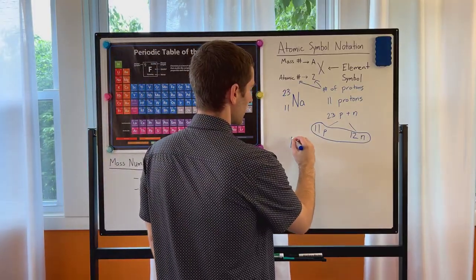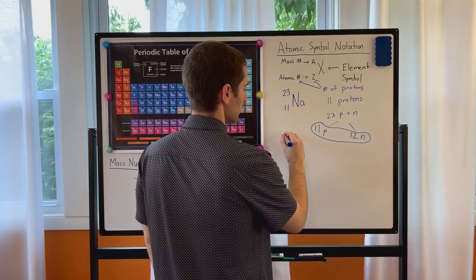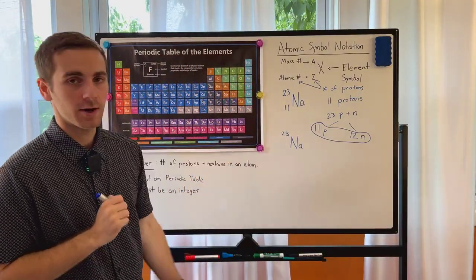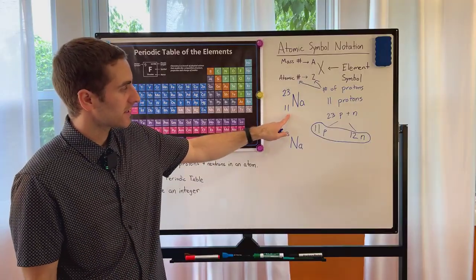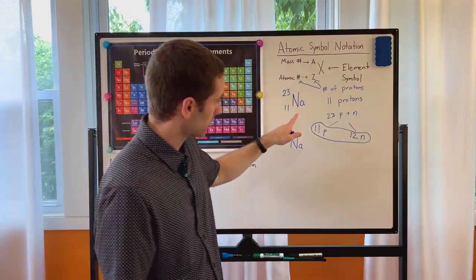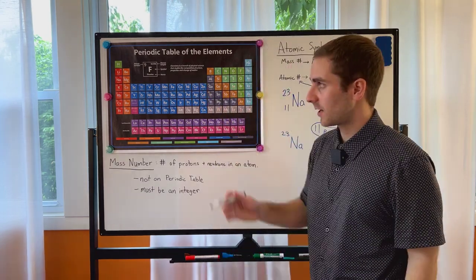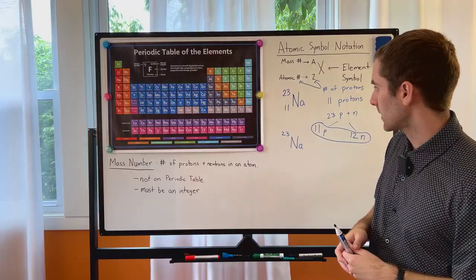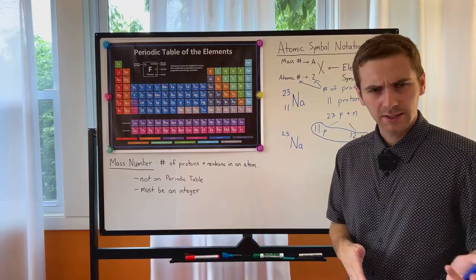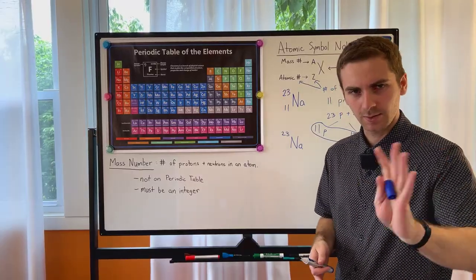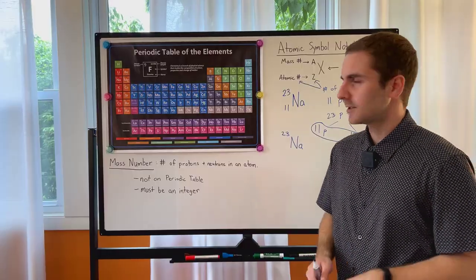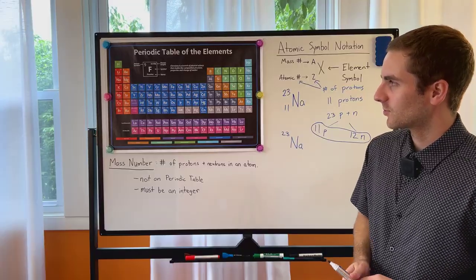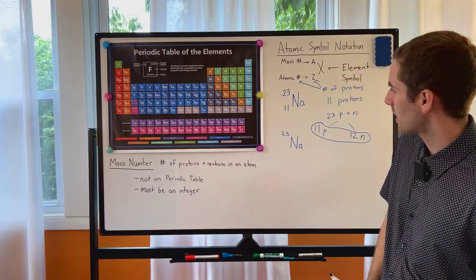So you could see this written just like that, without anything there, because the 11 is kind of redundant, because if we know it's sodium and we have a periodic table, which you'll always have access to on any test you take, except maybe when you have to memorize the element symbols at the beginning of the year, but after that, unless your teacher is really mean, you'll always have access to a periodic table.